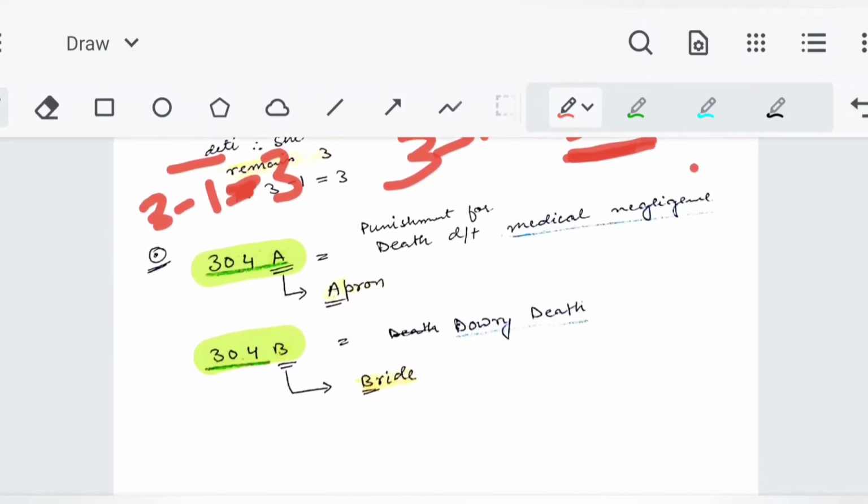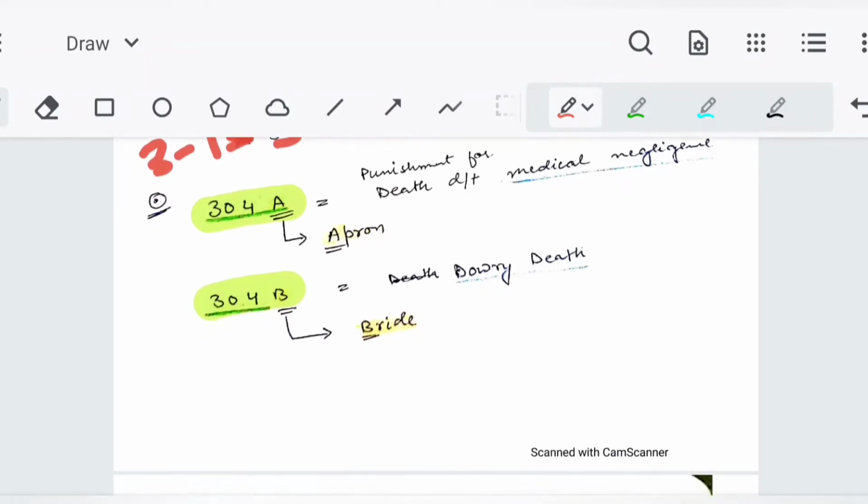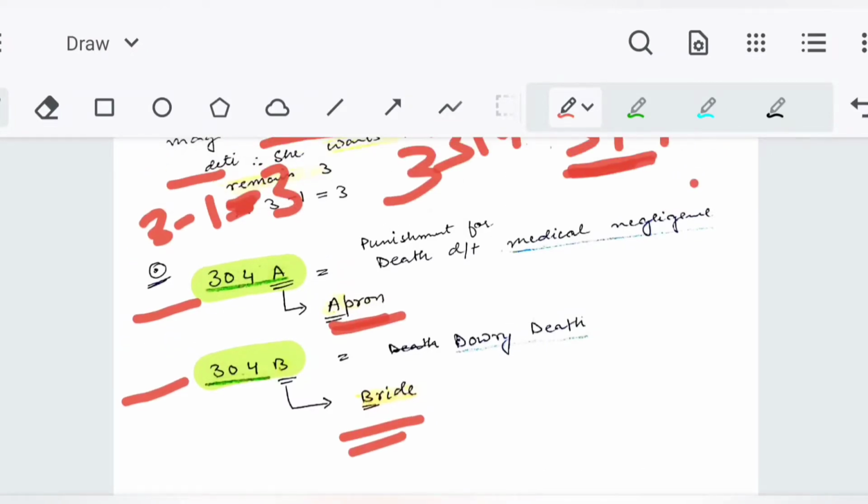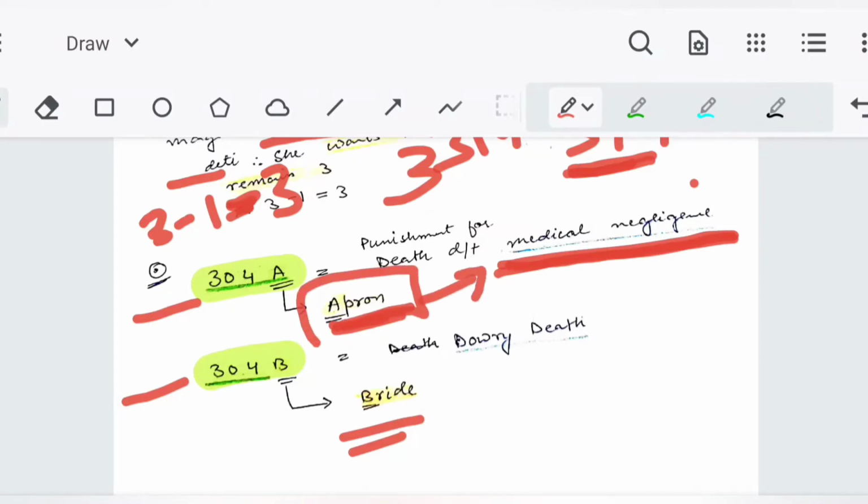Okay, now coming to 304. 304A and 304B. A for apron, B for bride. 304A is the punishment for death due to medical negligence. A is for apron; apron is for medicos.